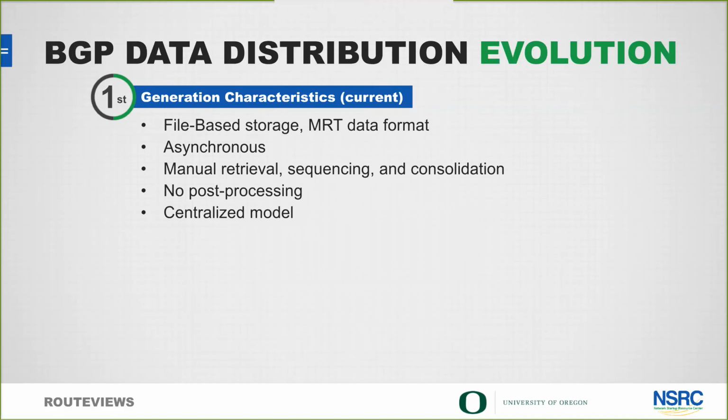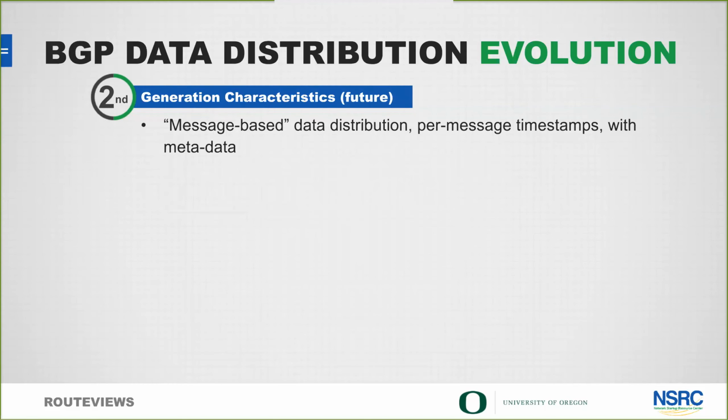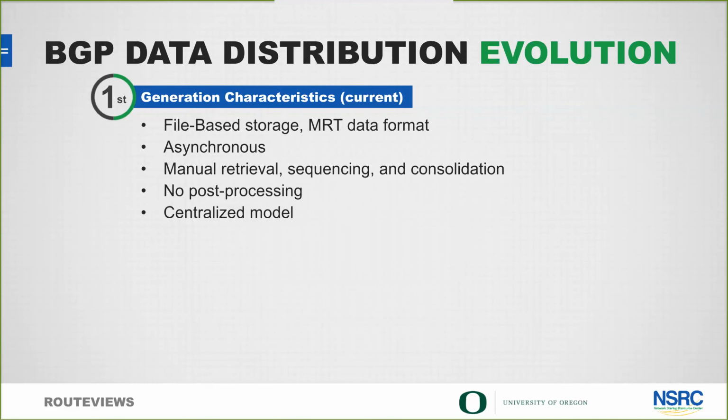And it's a centralized model in the sense that there's one or two servers that you can get this data from. You can't necessarily go directly to the collectors and get the MRT data. And that's made it a little tough in terms of facilitating easy access to the Route Views data set. And we've looked at that and seen how we can improve it.